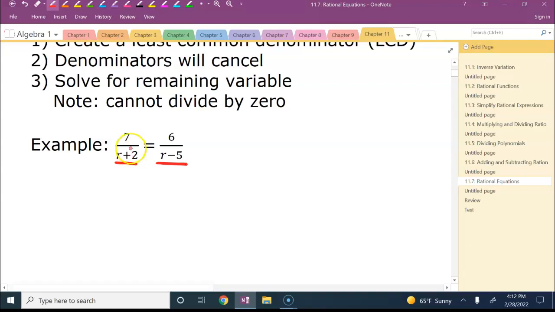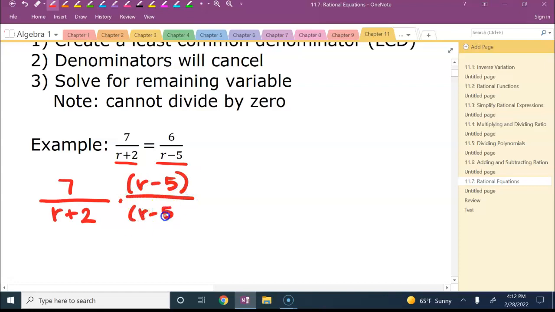So what I'm going to do is take this first fraction times that quantity I'm missing, which is r minus 5. And the second fraction, I'm going to take that times the r plus 2.